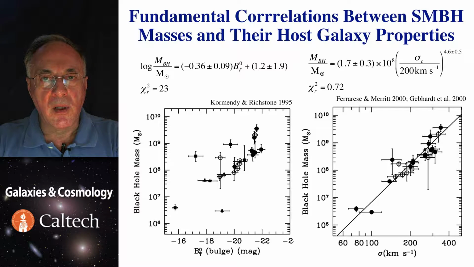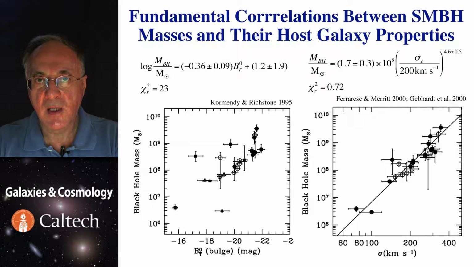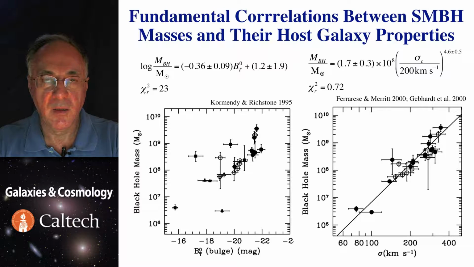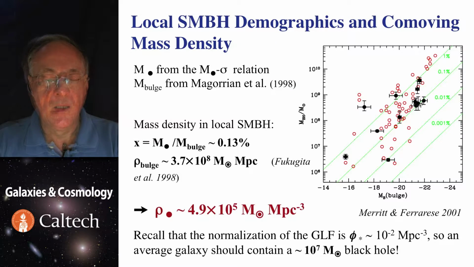A more interesting correlation is between mass of the black hole and the velocity dispersion of its host galaxy measured at large radii, where the dynamical influence of the black hole is completely negligible. So somehow, properties of galaxies on scales of kiloparsecs are related to the black holes in their cores, which are microparsecs. There is something that couples them through 9 orders of magnitude in size.